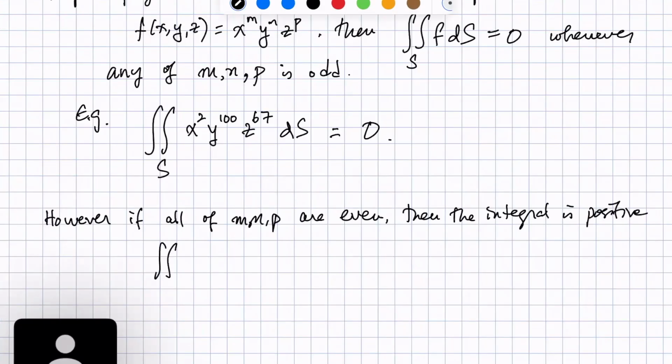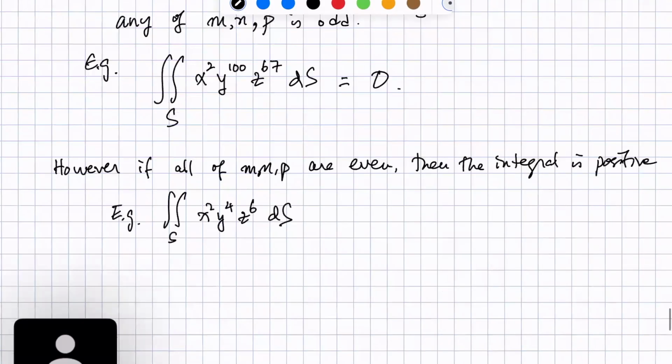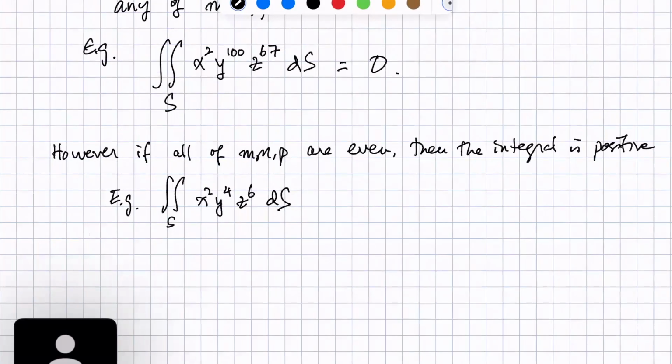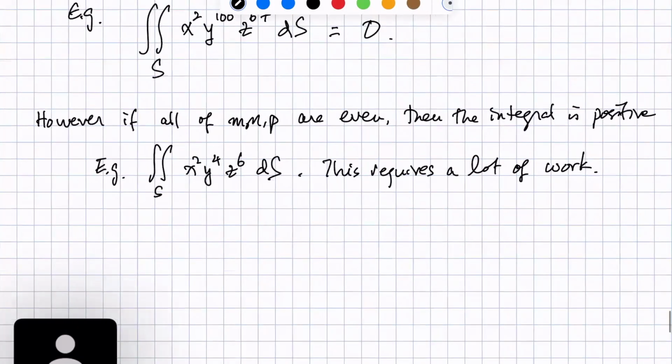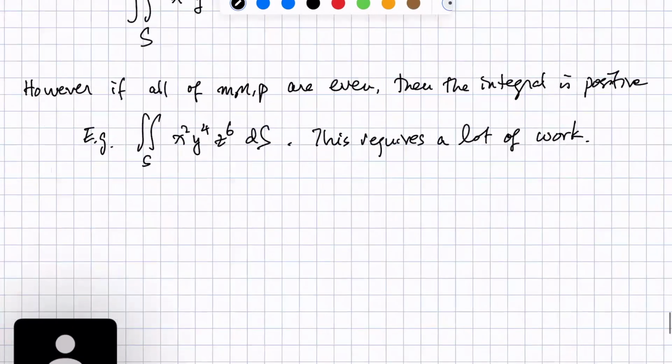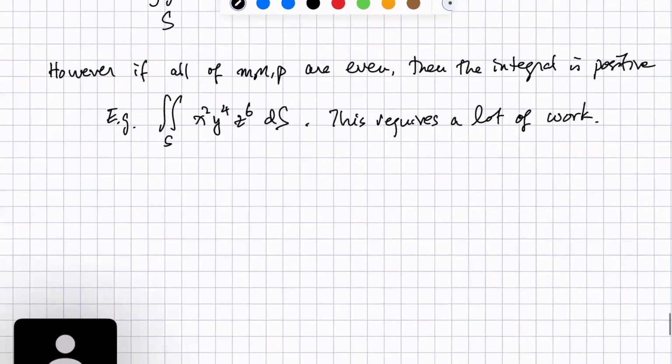For example, if I have x to the second, y to the fourth, z to the sixth, then you would have to work really hard. This requires a lot of work. And it's most likely that you're not going to have a problem like that, or you can get some kind of calculating software to figure that out for you.